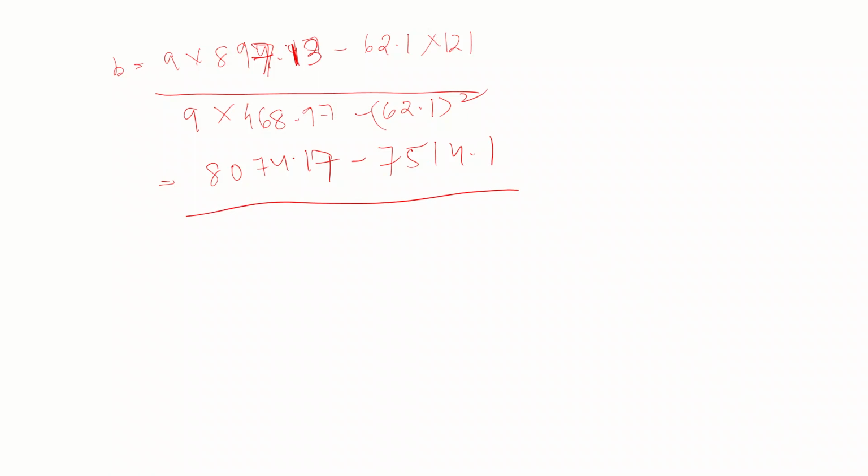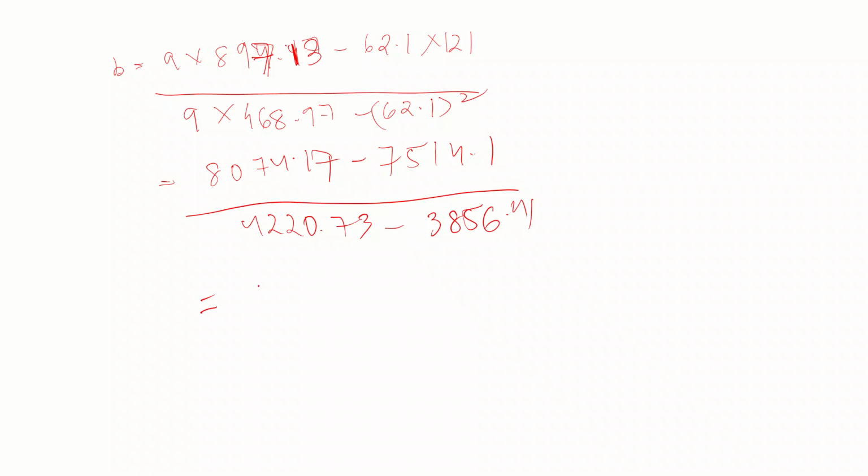1.537. Divided by 4220.73 minus 3856.41. How much is it coming?